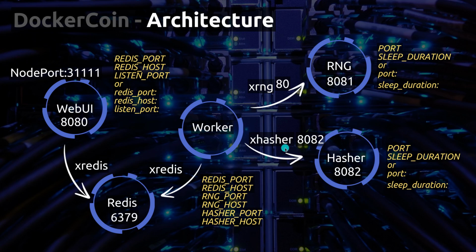And we can do the same thing with hasher: you can, for example, set a new DNS entry with a service xhasher on port 8082, and we keep the port 8082 here. And you can of course set the port inside the ConfigMap, just to configure each component.